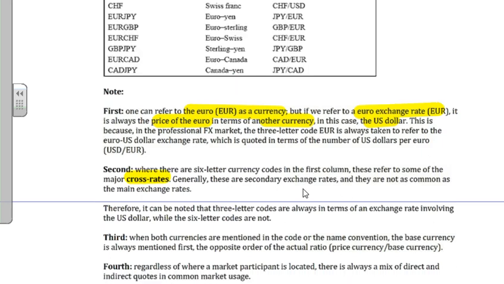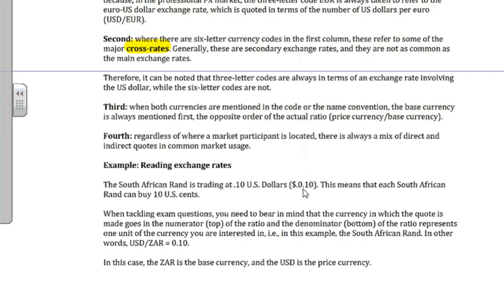When both currencies are mentioned in the code, the base currency is what's mentioned first. Interestingly enough, that's the opposite order, and this is where it gets a little bit complicated. One really just needs to keep your head about the actual ratio, which is P to B. It's often how we remember it, price to base.